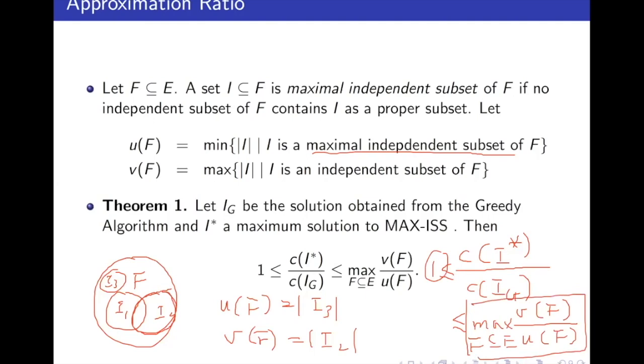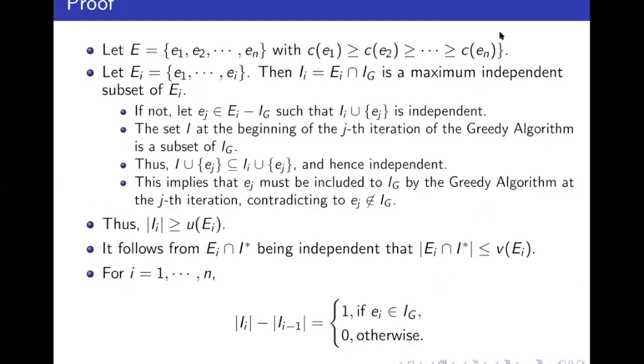As you can see, if V of F is equal to U of F, then C of IG is equal to C of I star, which means the greedy algorithm actually produces the optimal solution.